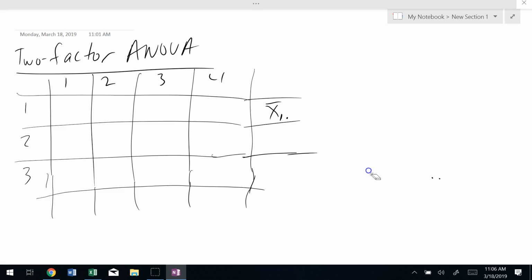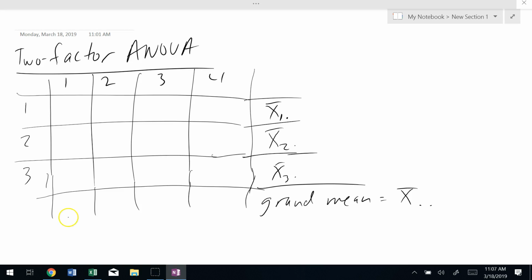Need to be down a spot here, sorry. All right, so we would have an x2 dot and x3 dot going across the rows. This is much like what we set up last time. Over here, we would have x bar dot 1, x bar dot 2, x bar dot 3, x bar dot 4.